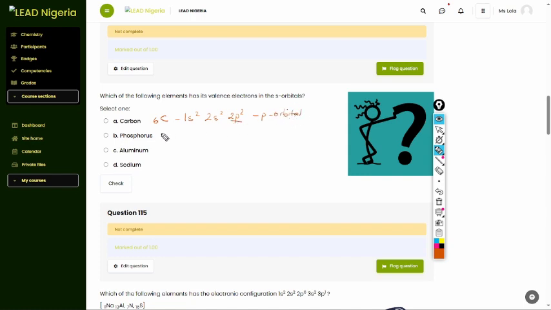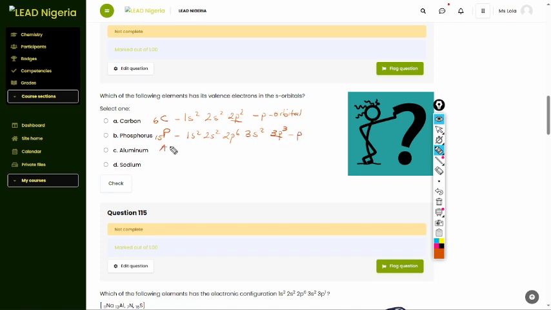Now phosphorus is the 15th element. So 1s2, 2s2, 2p6, 3s2, 3p. Let's see how many is left. This is 10 plus 2, 12, so we have 3 here. The valence electron is also in the p orbital.